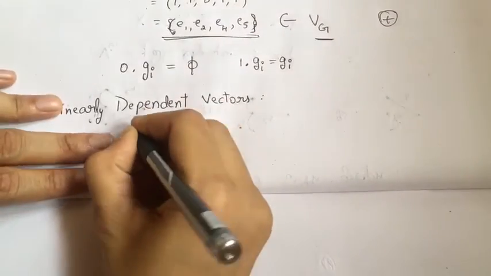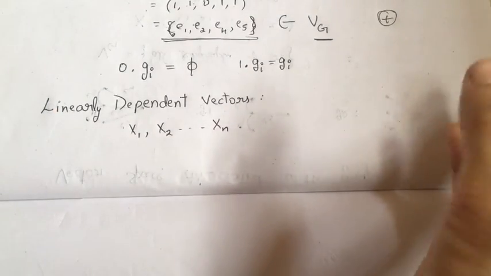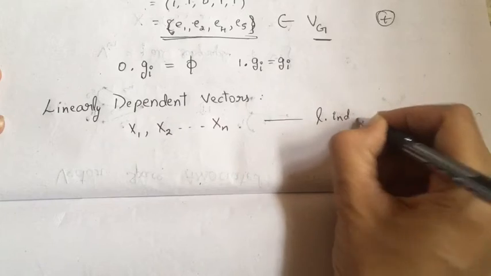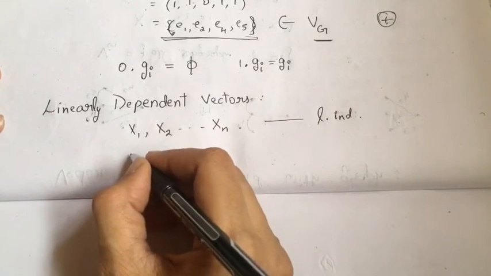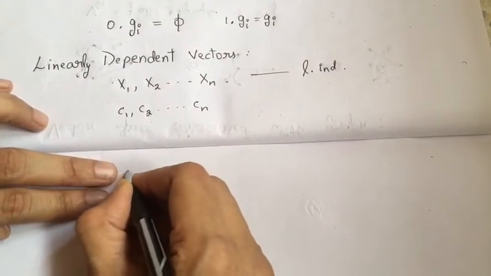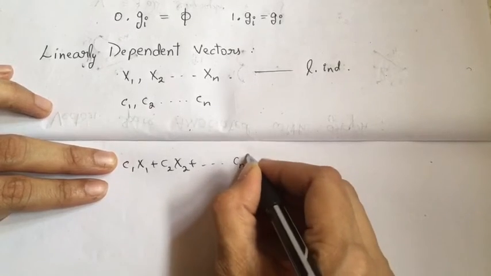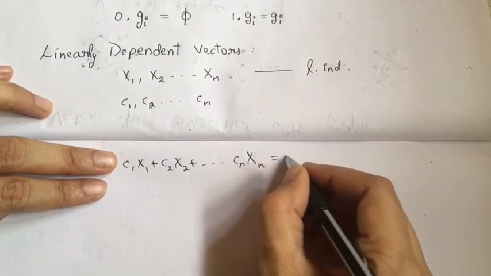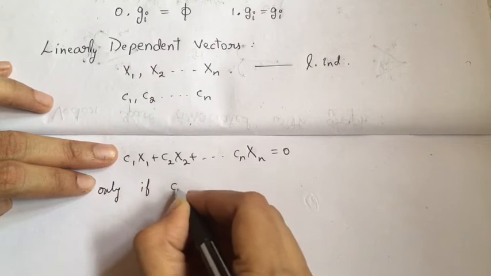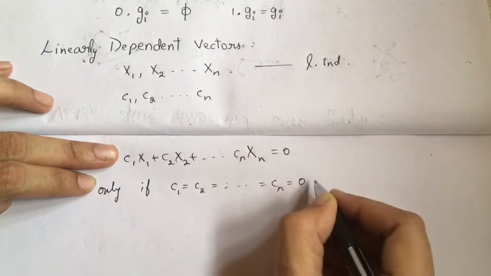Suppose I have a set of vectors x1, x2, up to xn over some field F. To say that these vectors are linearly independent, if for some scalars c1, c2, up to cn in F, the expression c1 x1 plus c2 x2 up to cn xn equal to 0 holds only if all the ci's are equal to 0, that is c1 equal to c2 equal to cn equal to 0.